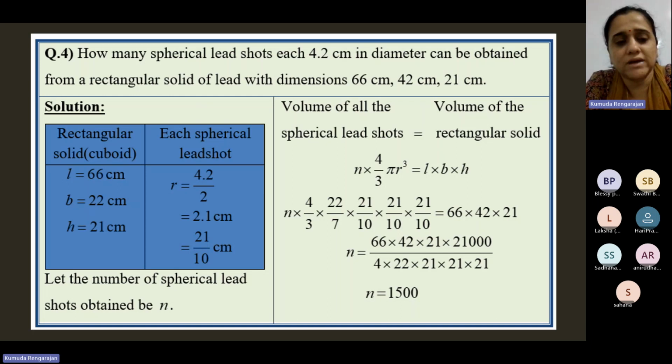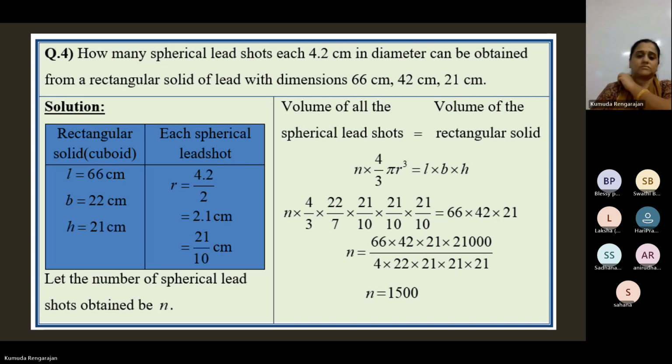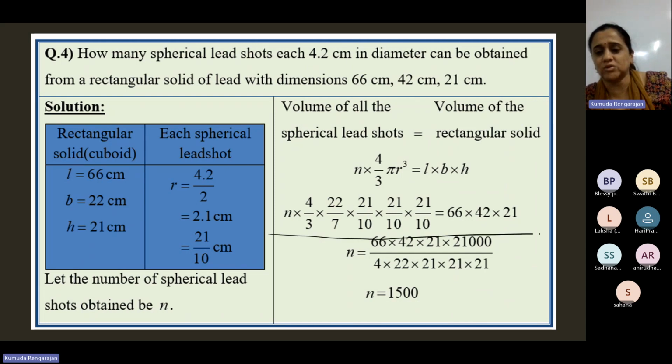So there's a cuboid here, LBH, and a sphere. I presented the answer, please check. The calculation part you take care. Now don't think you should get the same numbers. You should check only till here, the substitution, correctly.